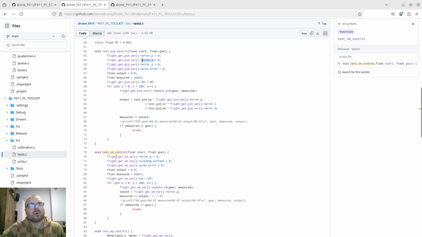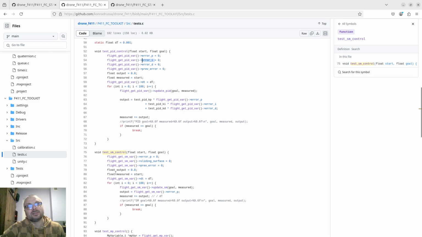And one thing about the sliding mode: there are some papers on super twisting sliding mode, or something like that. It's also interesting, and I was checking how it behaves, and it is implemented as well.